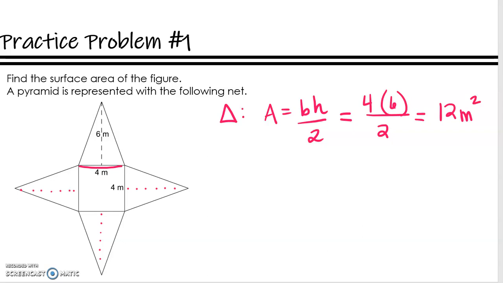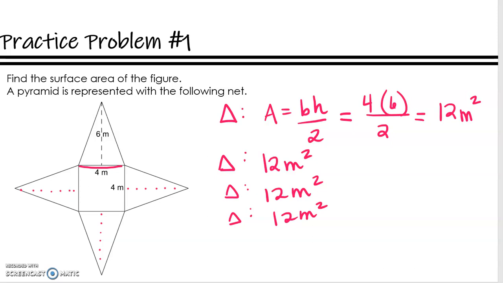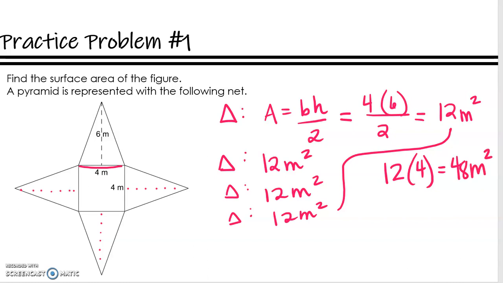However, I have 4 triangles, so I can't forget to write down that the area for all of them is 12. And I wonder, are you thinking, Miss Dove, could you just do 12 times 4? And yes, you could. So the total area of just the triangles is 48 m squared.